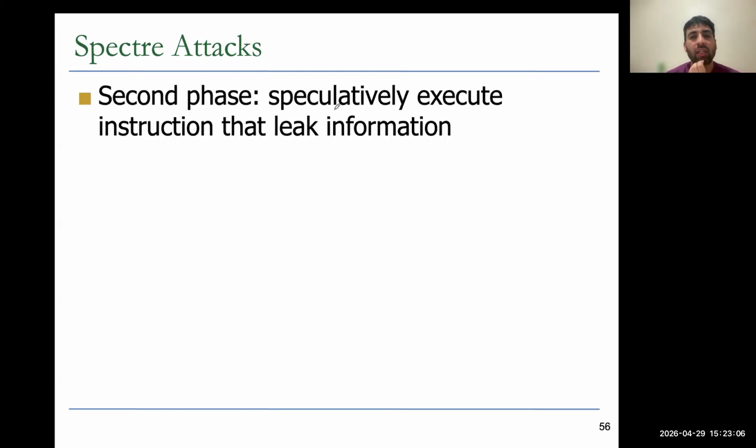The second phase is that once you trick the victim into speculatively executing the identified set of instructions, or transient instructions, in its address space, you wait for the victim to execute them and leak the information.